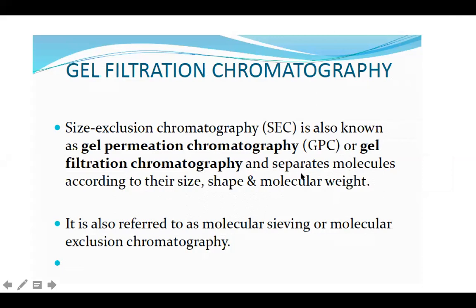So these three properties of the compound are considered in separating the molecules through GPC. It is also referred to as molecular sieving or molecular exclusion chromatography. So this chromatography uses a sieving, like a Chaluni, principle.